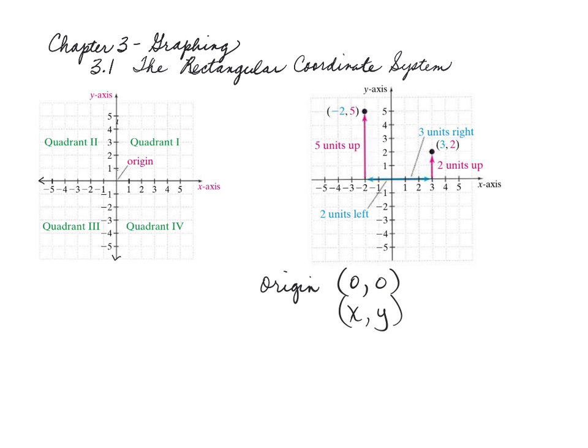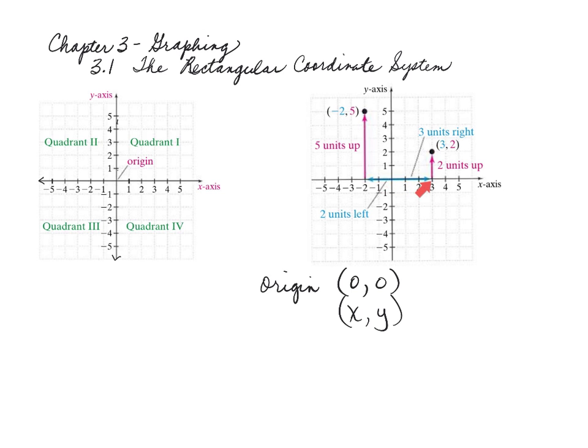Any other point in our coordinate system will have a different x value and y value from the origin. So look at this point here. I'm pointing my pink arrow to it. In order to move from the origin to this point, we have to go to the right 3 spaces.